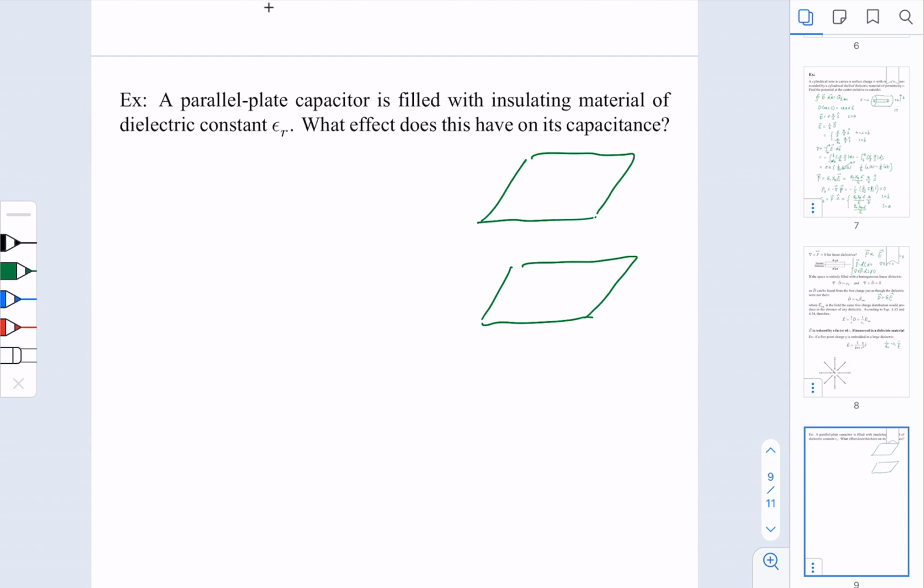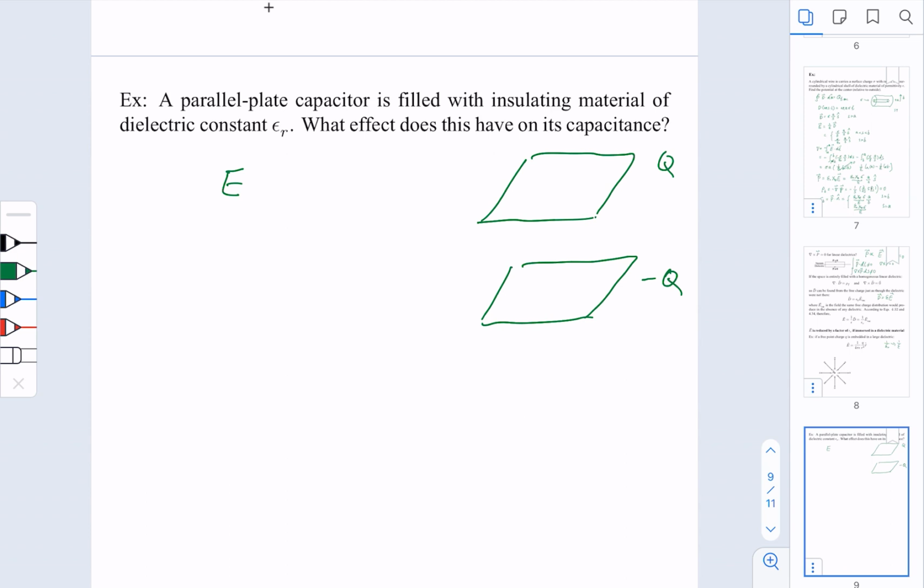In this problem, we can specify the charge Q above and Q below, and then use Gauss' law to find out the E field.